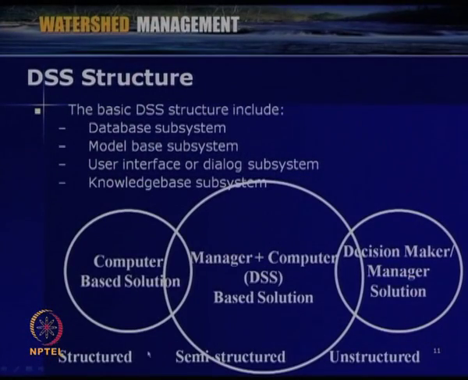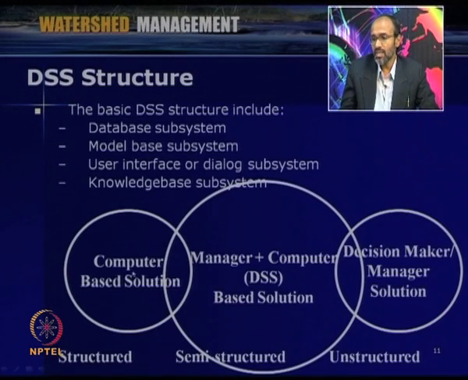In these slides I have shown, for example, an unstructured system, where the decision maker or manager has to find the solution on his own, with no support system, and here a computer-based solution, where the entire solution is through the computer model, so there is no role for the decision maker or manager. But generally, most of the time, a decision support system means a semi-structured system, where the manager or decision maker and computer come together and take the decision.